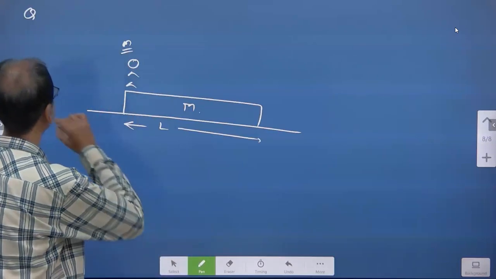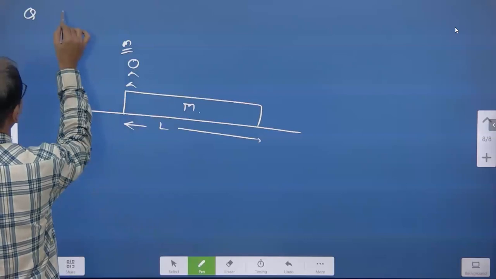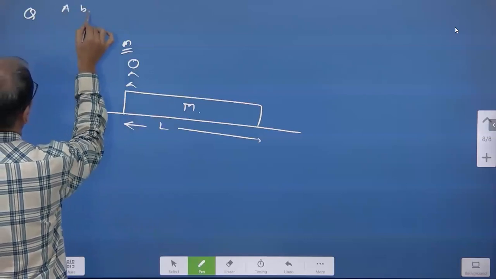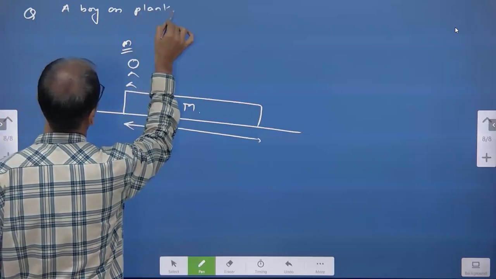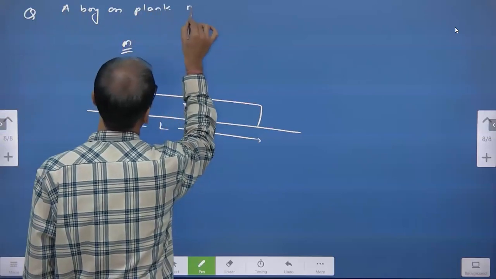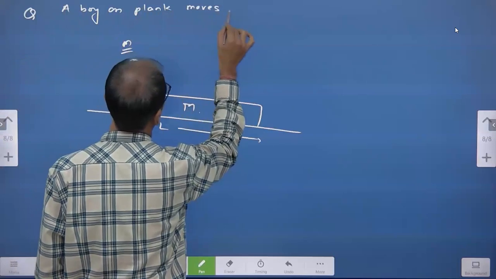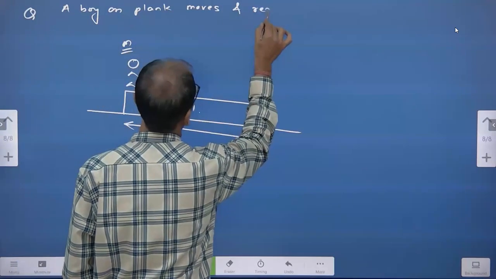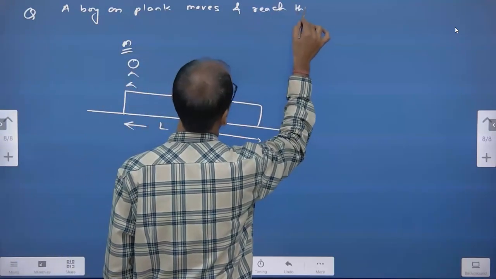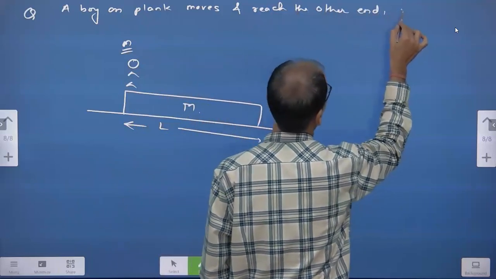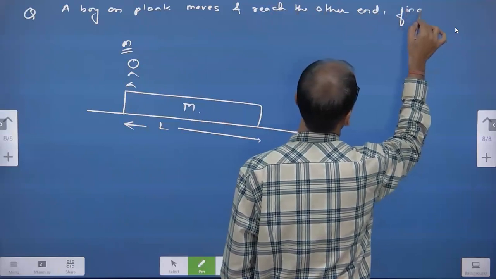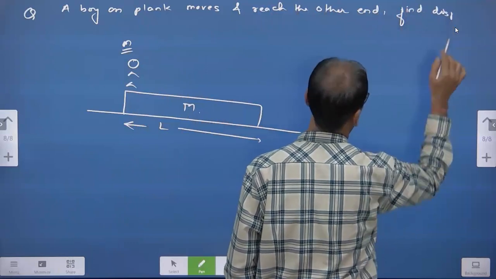The question is: a boy on a plank moves and reaches the other end. Find the displacement of the plank.